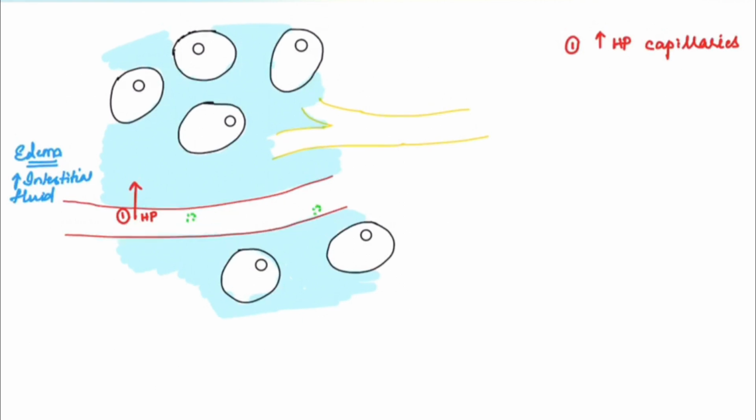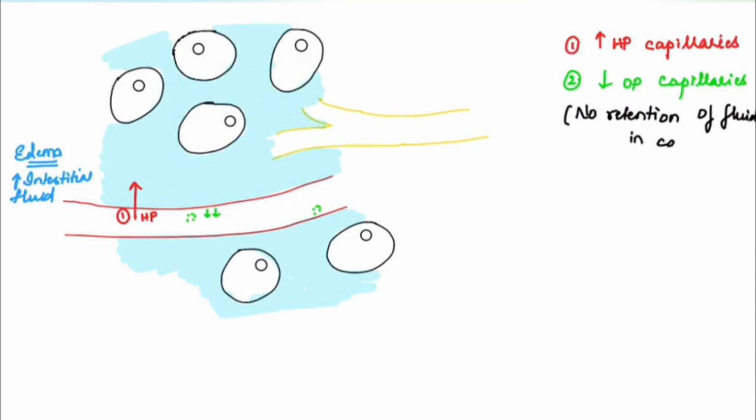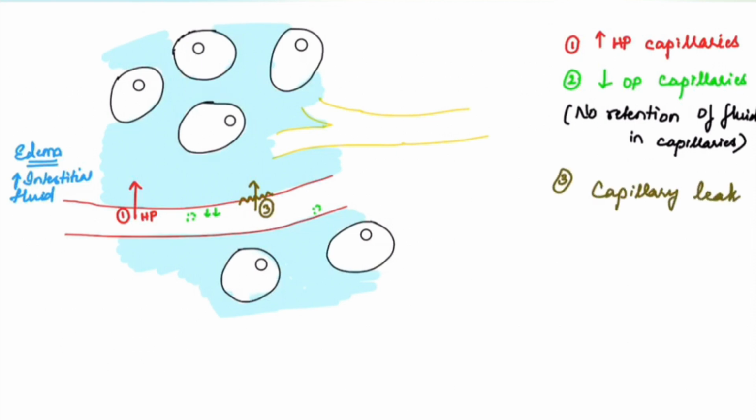Second, when the plasma proteins are less in number, albumin is less, the retention capacity is lost, because of which decreased retention in the vessel will increase the interstitial fluid compartment. Because the pulling force is less, the capillaries cannot retain the fluid. Next, direct capillary leak. If it is present, the fluid will move out of the vascular compartment into the interstitial compartment.